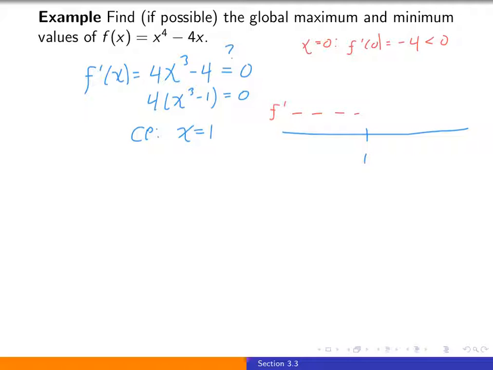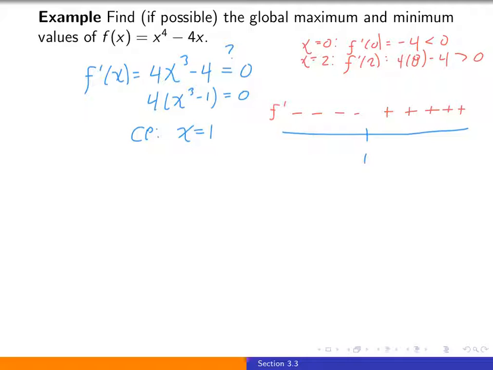If we plug in something larger than 1, say x equals 2, f prime of 2 is going to equal 4 times 8 minus 4, and the value is not as important as just observing this is positive.